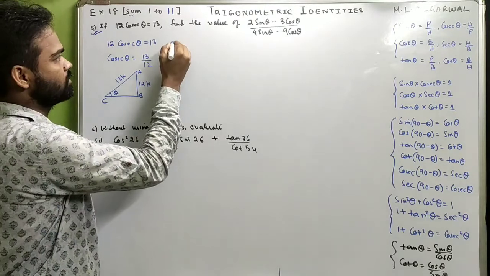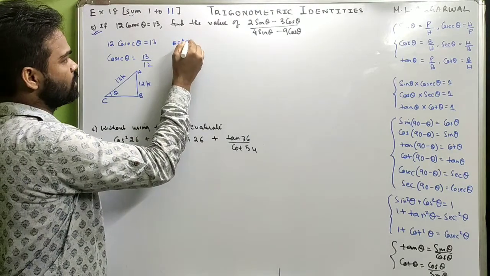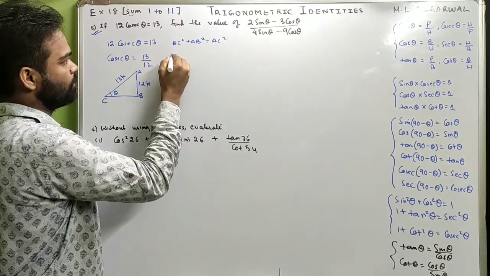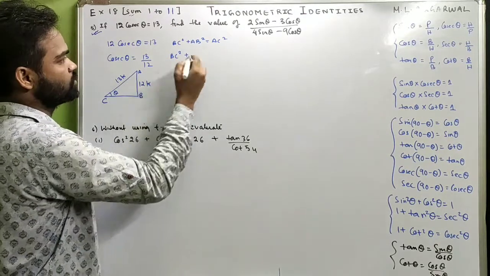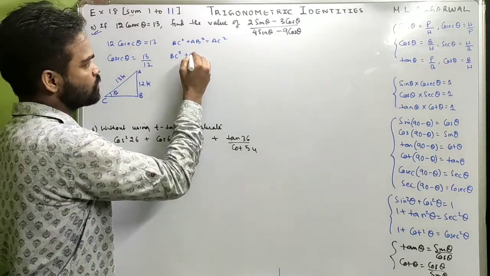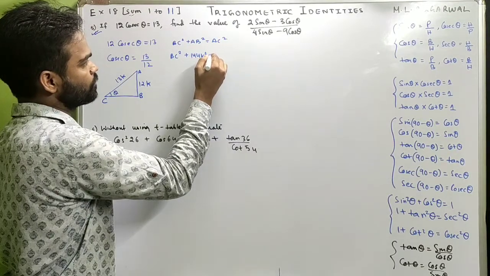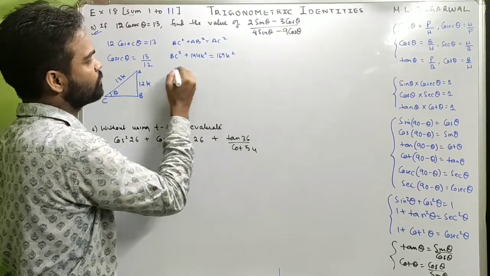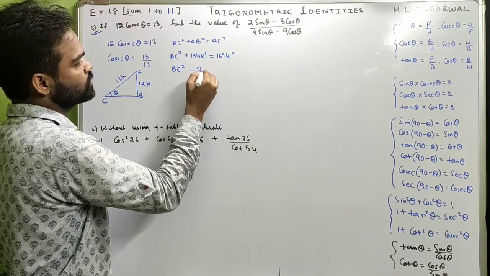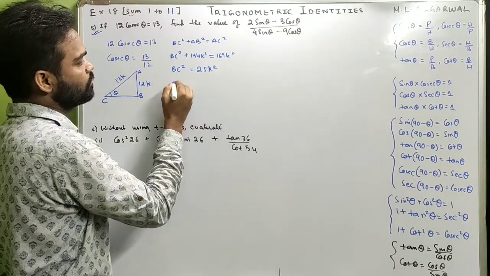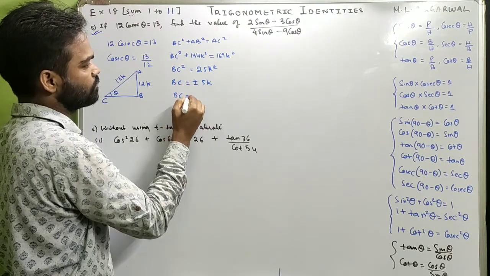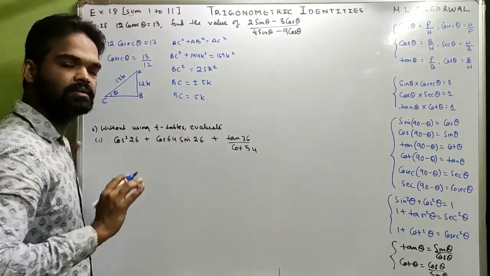Then find the base. See, BC square plus AB square is AC square, which means BC square plus 12k whole square, that is 144k square, is equal to 13k square, which will be 169k square, which means BC square will be 25k square, which means BC will be plus minus 5k. We'll take the positive because BC is a side.